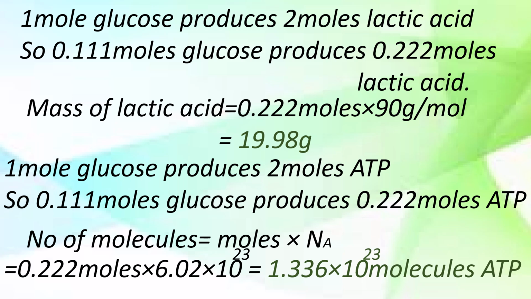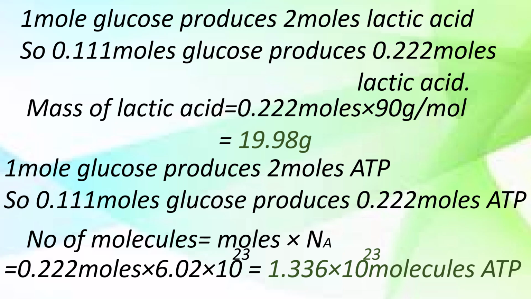Now we have to calculate moles of ATP. Since 1 mole glucose produces 2 moles ATP, as we have seen in the equation, 0.111 moles glucose produces 0.222 moles ATP.